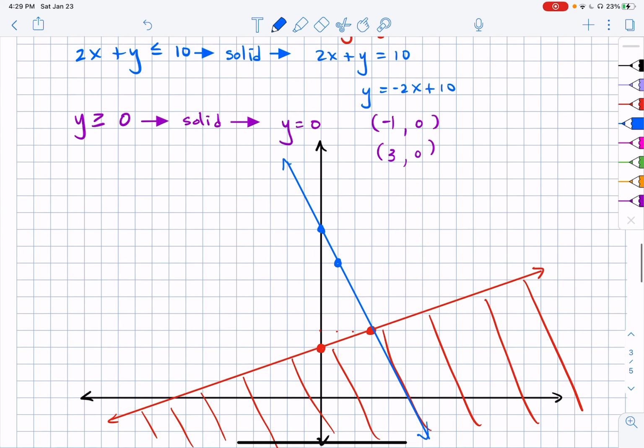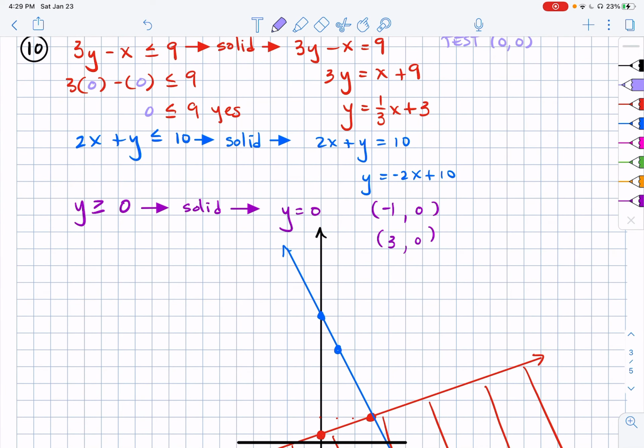0, 0 is also available for me to test. So I'm going to go ahead and test 0, 0 here as well. So I have 2 times 0 plus 0, is that less than or equal to 10? So throw the zeros in there. So the question is 0 less than or equal to 10, and that is again a yes.